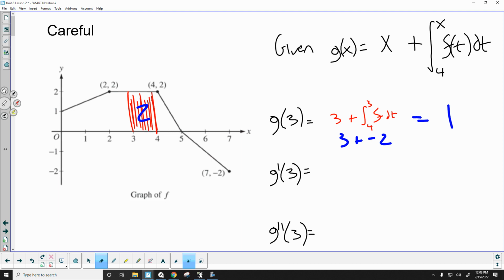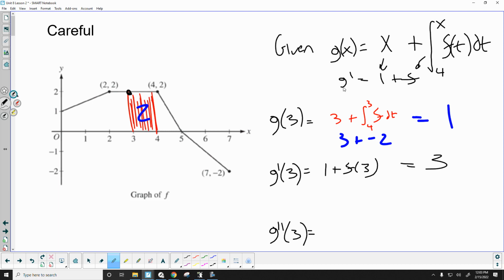This is why it's really important. This is next level stuff. G prime is actually 1 plus f, because the derivative of x is 1 and the derivative of the integral is just f. So I need 1 plus f of 3. What's f of 3? 2. What's 1 plus 2? 3.